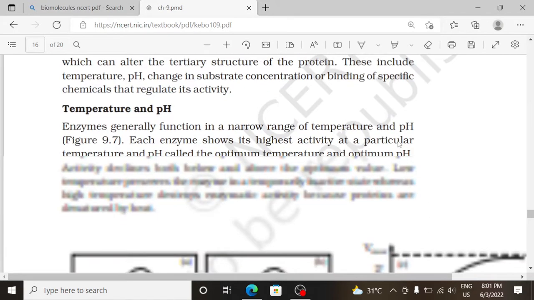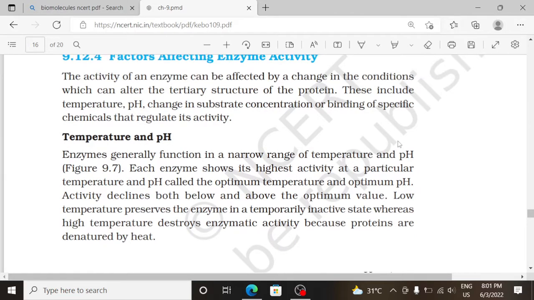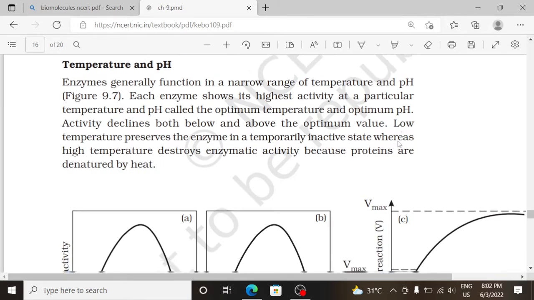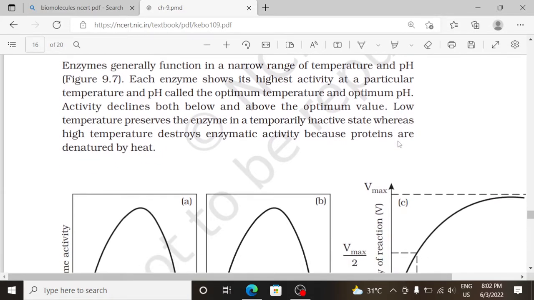Factors affecting enzyme activity. The activity of an enzyme can be affected by a change in the conditions which can alter the tertiary structure of the protein. These include temperature, pH, change in substrate concentration or binding of specific chemicals that regulate its activity. Temperature and pH. Enzymes generally function in a narrow range of temperature and pH.